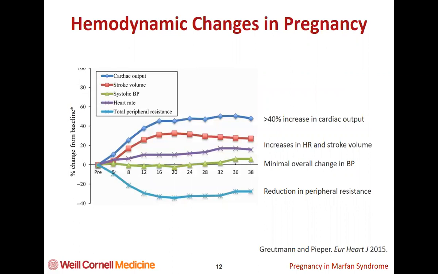So in this figure that provides summary data, you can see that there's a major increase in cardiac output, up to 40%, driven by increases in heart rate and stroke volume. Minimal overall change in blood pressure under normal circumstances, of course, and a major reduction in peripheral resistance down here in the blue.